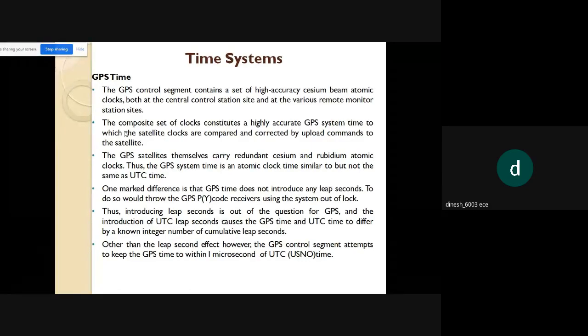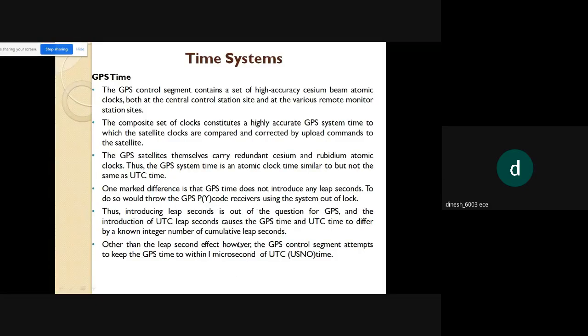For that, they use the GPS P or Y code receivers for maintaining the constant time of the satellite. So leap seconds cannot be introduced in GPS, since these leap seconds would lead to computational timing errors. So leap seconds are avoided in GPS by these P and Y code receiver systems.